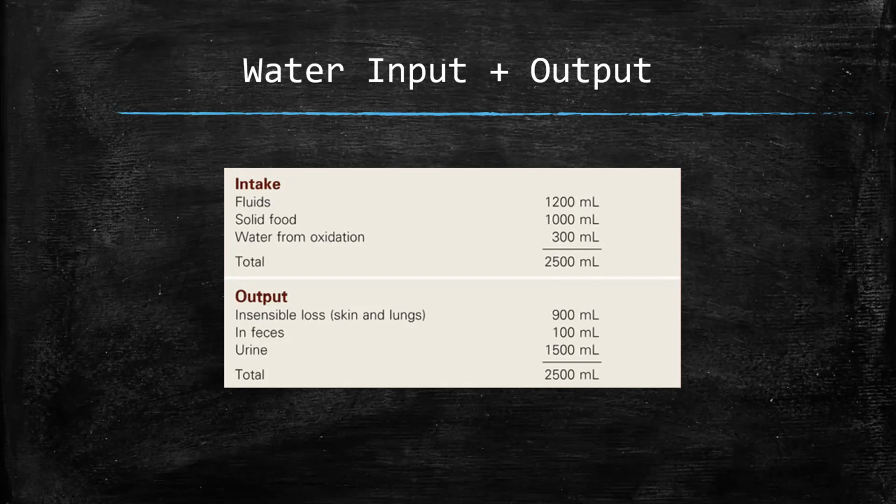So as we go through our day-to-day lives, we don't think about this too much. We eat and drink as we see fit. And ultimately, our kidneys sort all of this out to keep our water balance at a relative net zero.